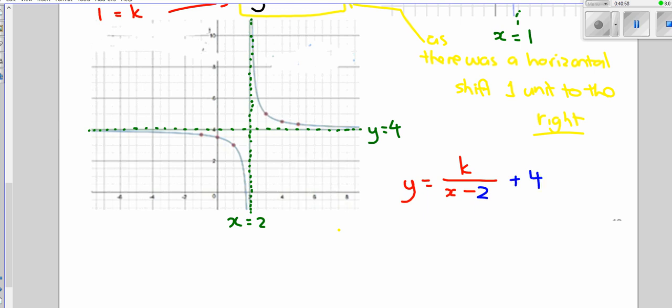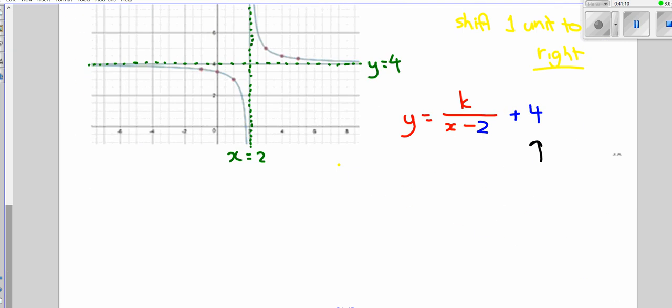And then we might be able to work out k, but I'll just write a little note of why that is. As there was vertical shift, 4 units in the positive vertical direction, which is upwards.